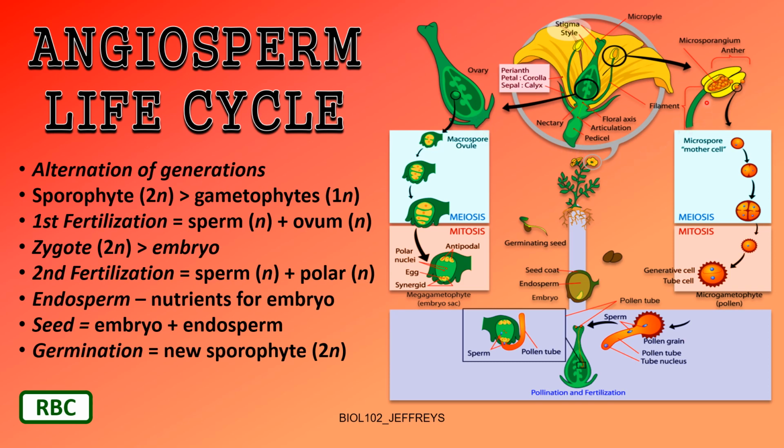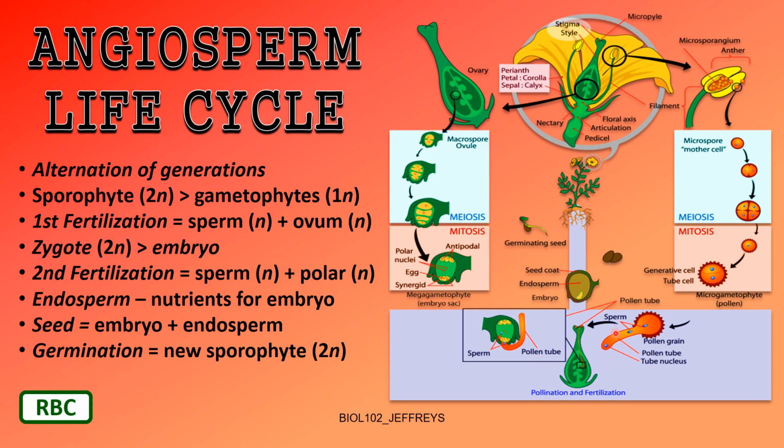And from the stamen come pollen grains which contain sperm, and from the pistil come the eggs or the ova. And so the first fertilization event is when the sperm fuses with the ovum.